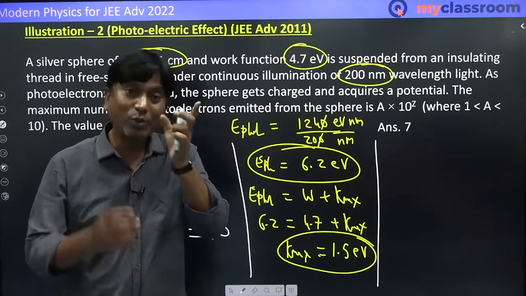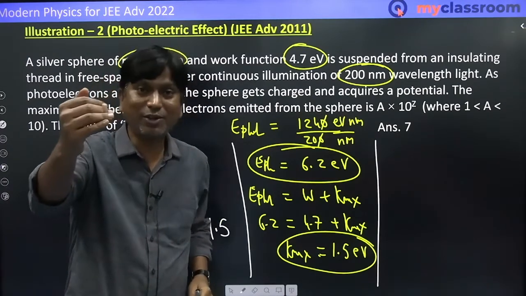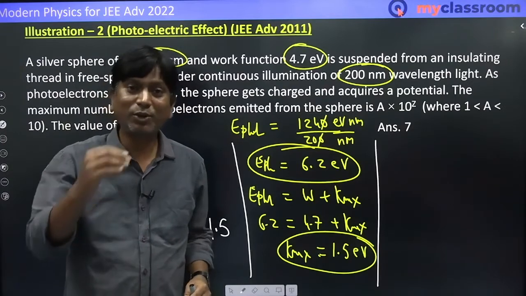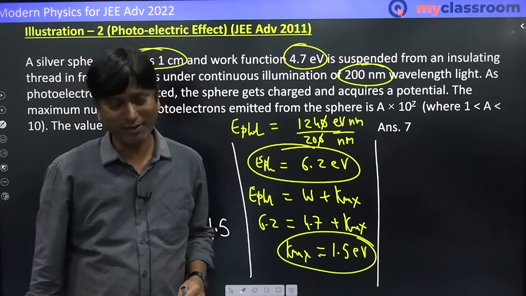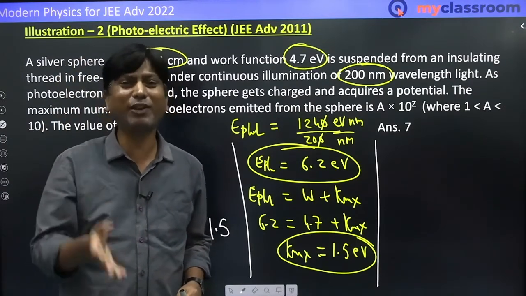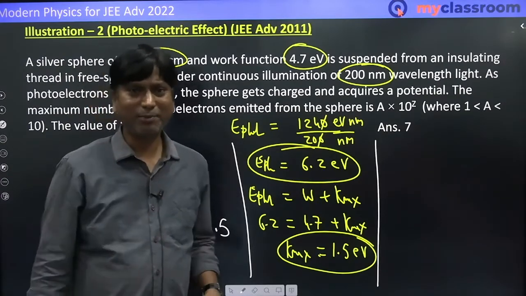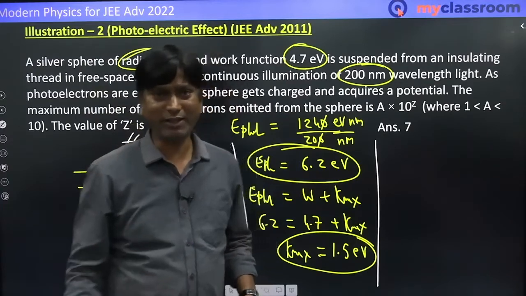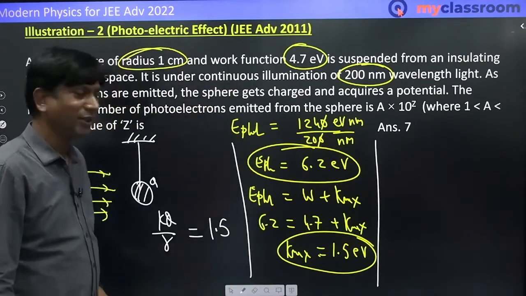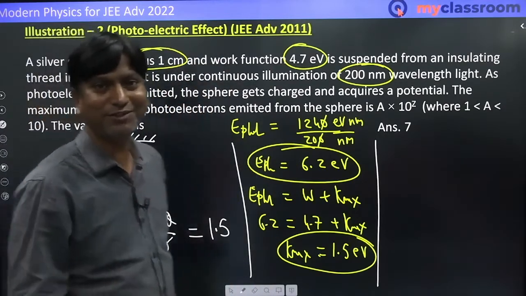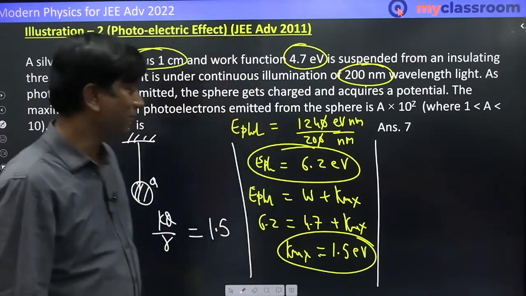Or the same thing: to accelerate an electron from 0 kinetic energy to 1.5 electron volts, you also require a potential of 1.5 volts. Only the sign, positive or negative, will vary. Whether to accelerate or decelerate, you need a potential difference of 1.5 volts.